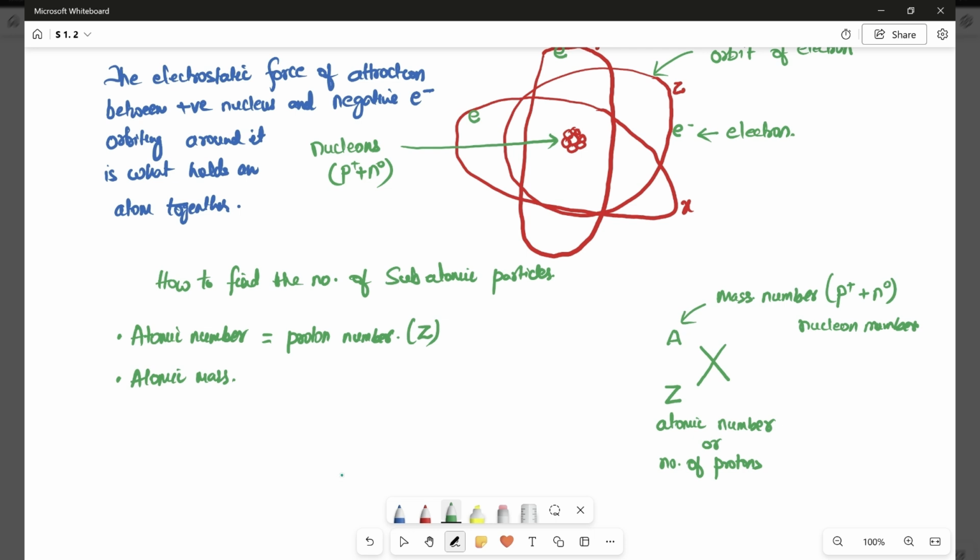So we can say that A is equal to protons plus neutrons, and if you have to find the number of neutrons, the neutron number will be mass number minus atomic number, A minus Z. In this way we can find it out.